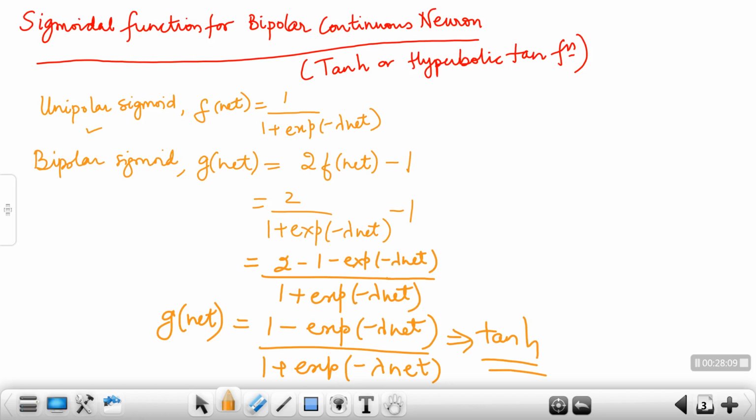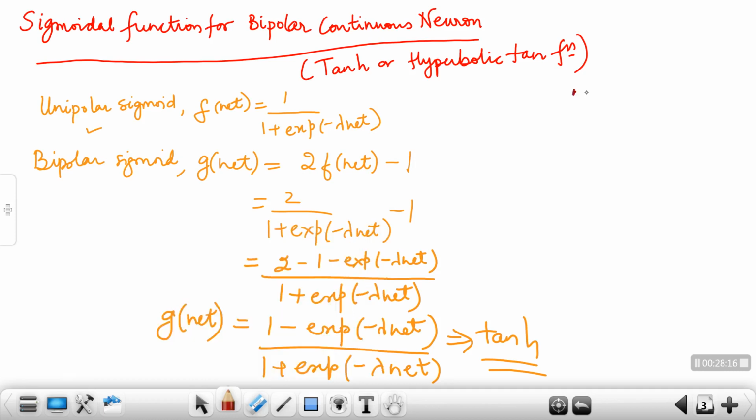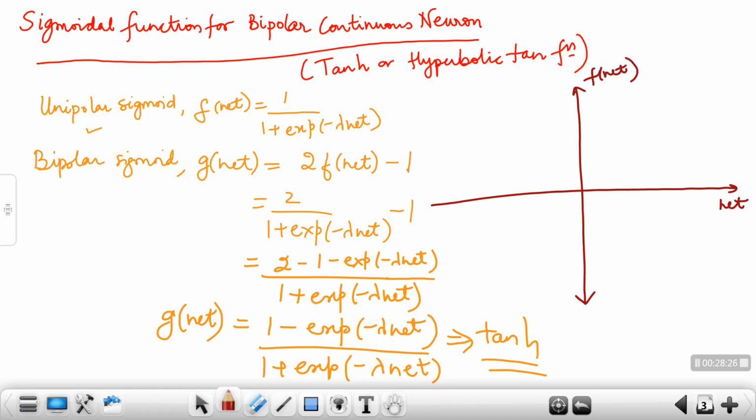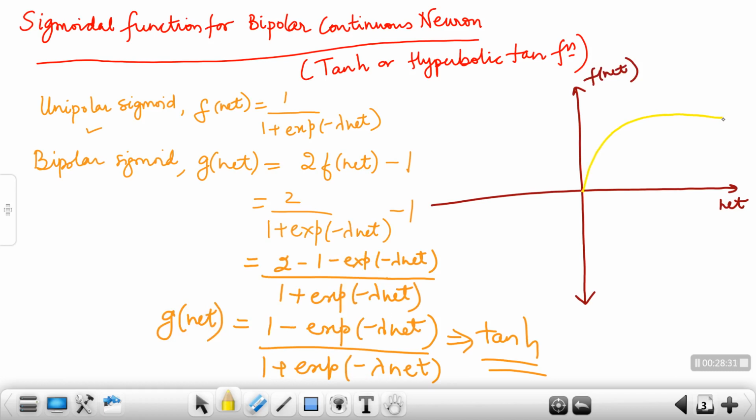So what is the range of this particular function? If I draw the function, it would be somewhat like this. What is the lower value? The lower value is -1 and the higher value is +1.